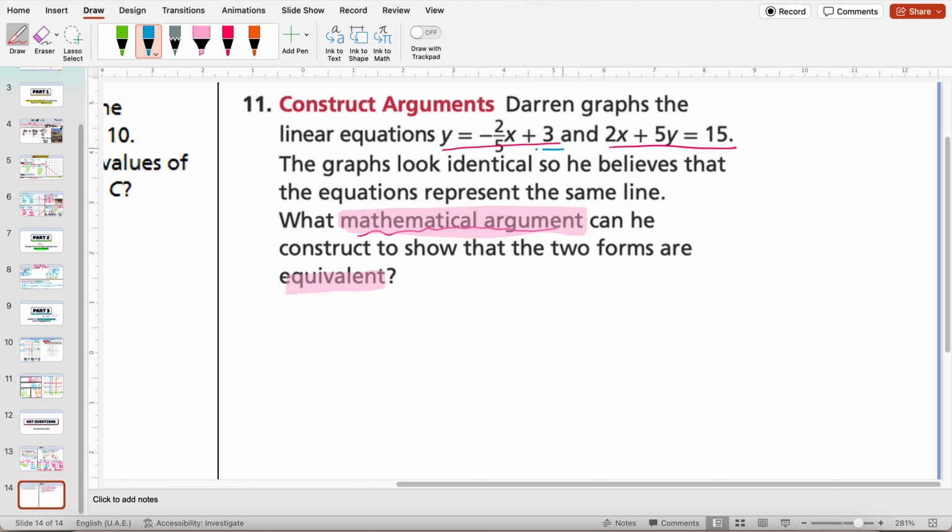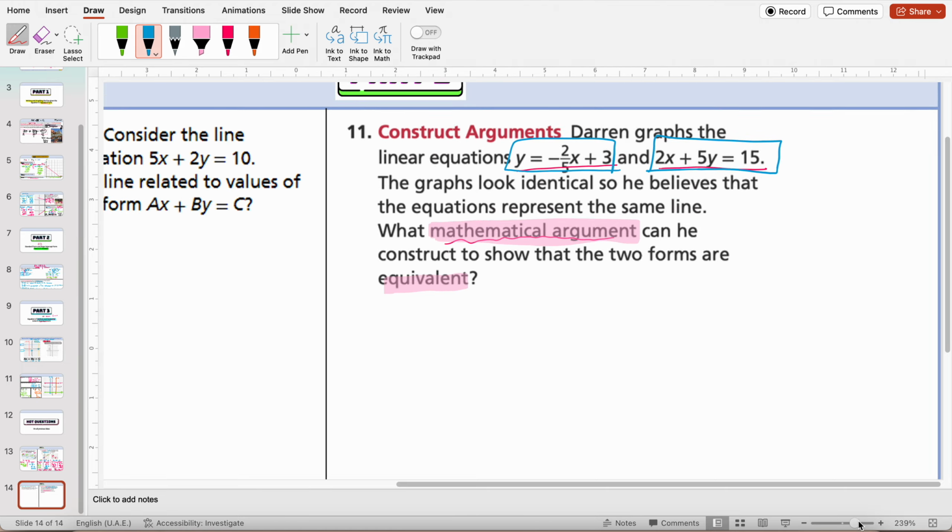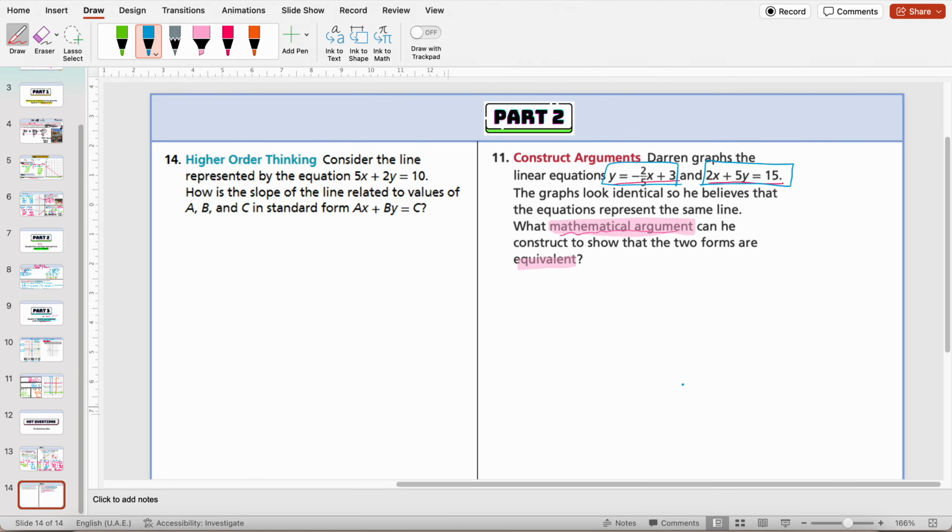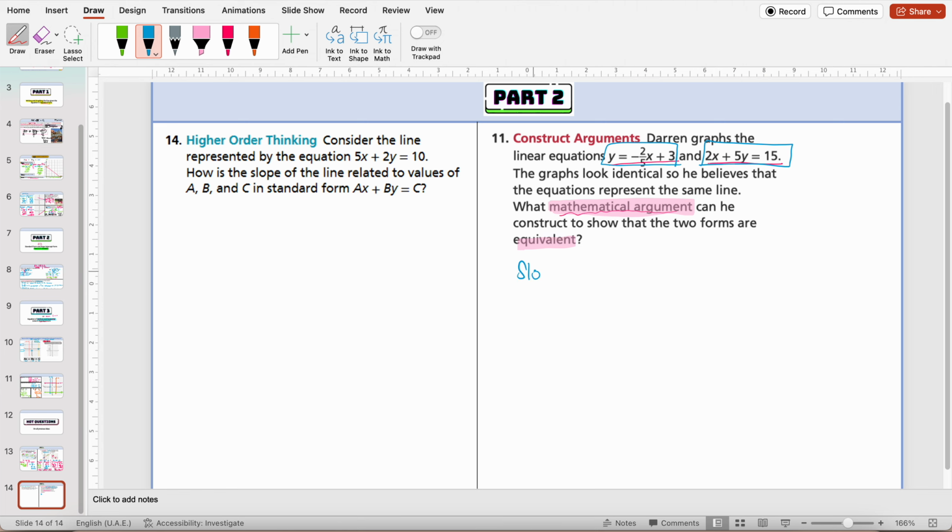I have one of them in slope-intercept form and one of them in standard form. I will take slope-intercept form and change it to standard form because I know how to change it. So slope-intercept form is this one. Y equals negative 2 over 5x plus 3.